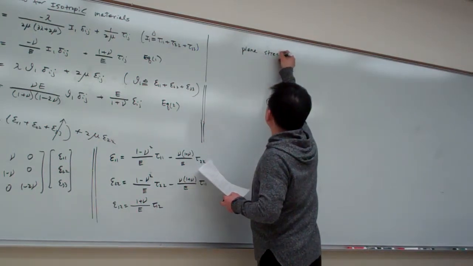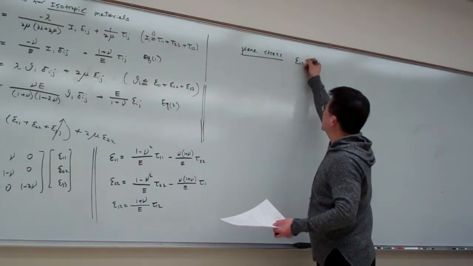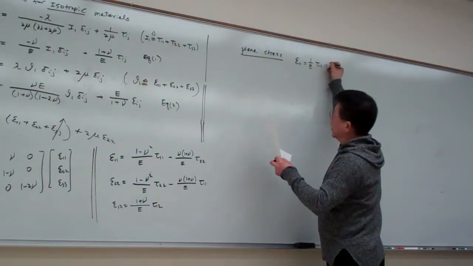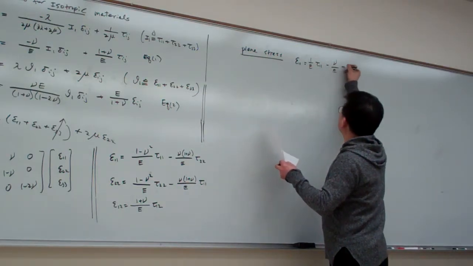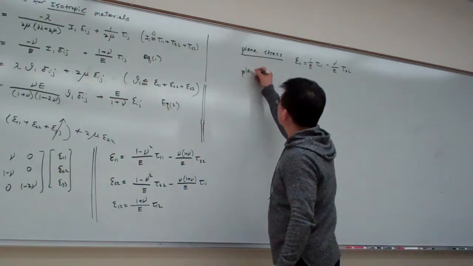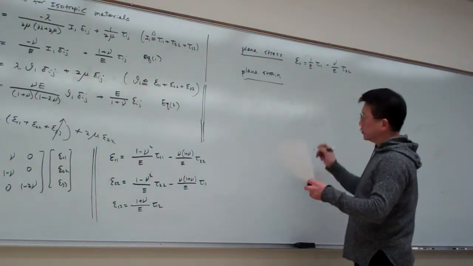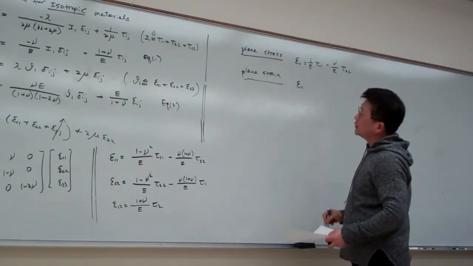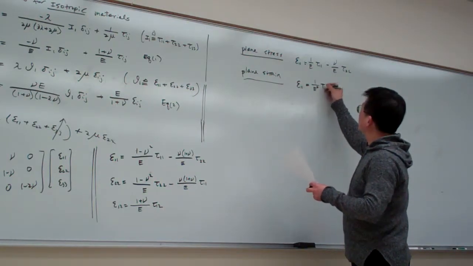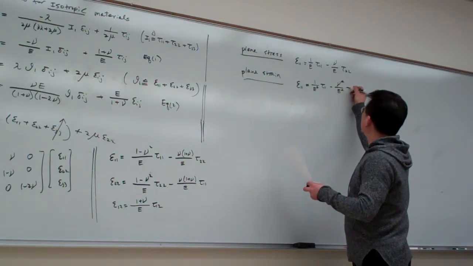For the plane stress, for example, let me take one element: epsilon 11 equals tau 11 over E minus nu over E times tau 22. For plane strain problems, we have epsilon 11, and let me define this as tau 11 over E star minus nu star over E star times tau 22.